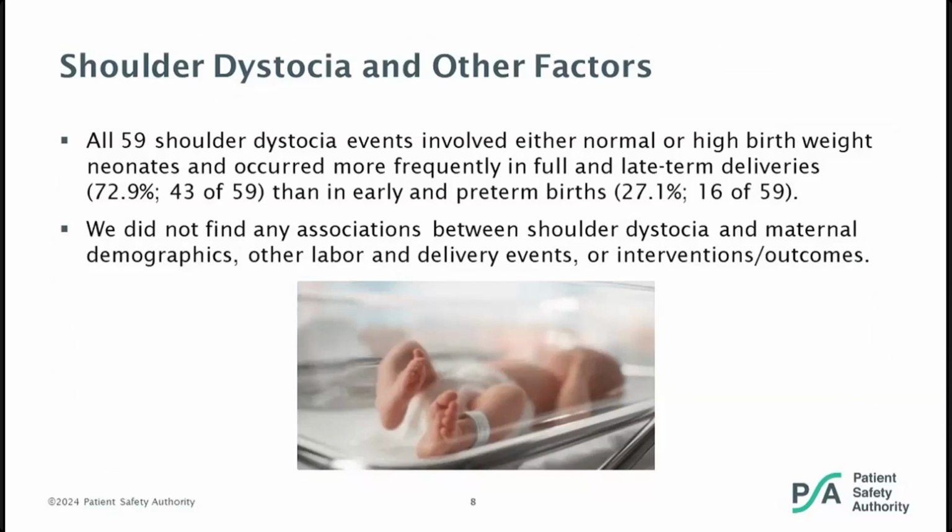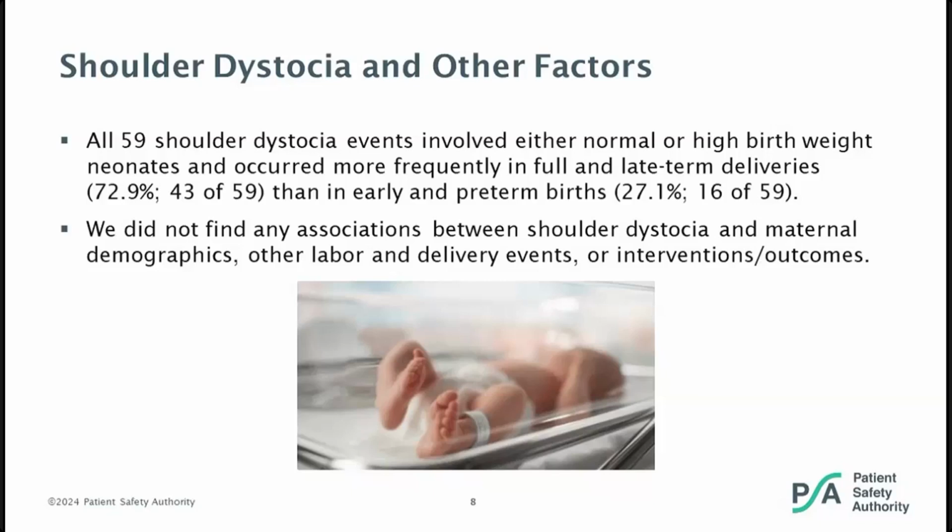All 59 shoulder dystocia events involved either normal or high birth weight neonates and occurred more frequently in full and late term deliveries, nearly 73%, than in early and preterm births, with 27% occurring in early and preterm births. We did not find any associations between shoulder dystocia and maternal demographics, other labor and delivery events, or interventions and outcomes.